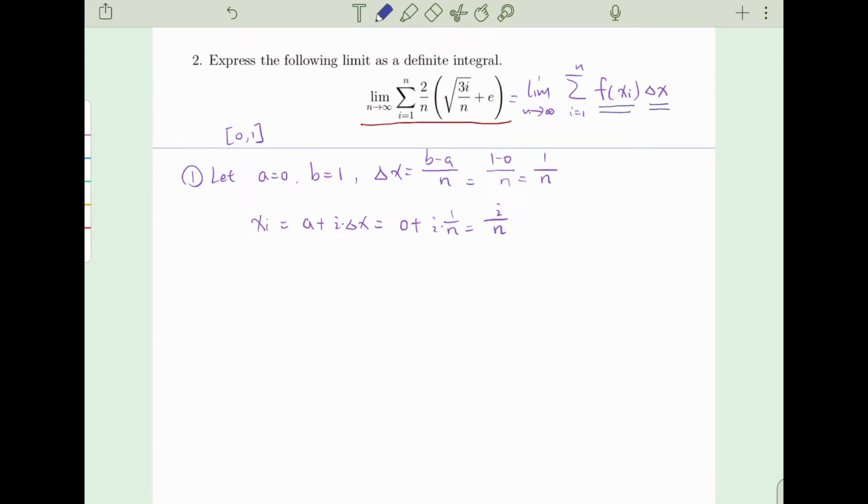Since we have chosen delta x to be 1 divided by n, what is our f of xi?